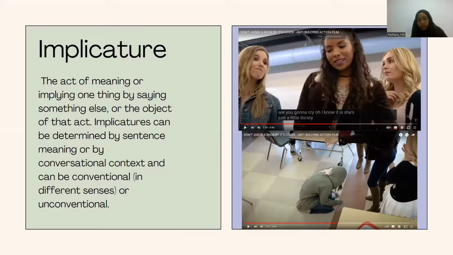First, assume the literal meaning of "she is just a little bit thirsty" is that probably she's going to give a drink, because the girl who gets bullied wants to drink because she's thirsty. But the actual thing she does by those words is pour the drink onto the hoodie of the girl who gets bullied. It's an example of implicature. Next slide, please.